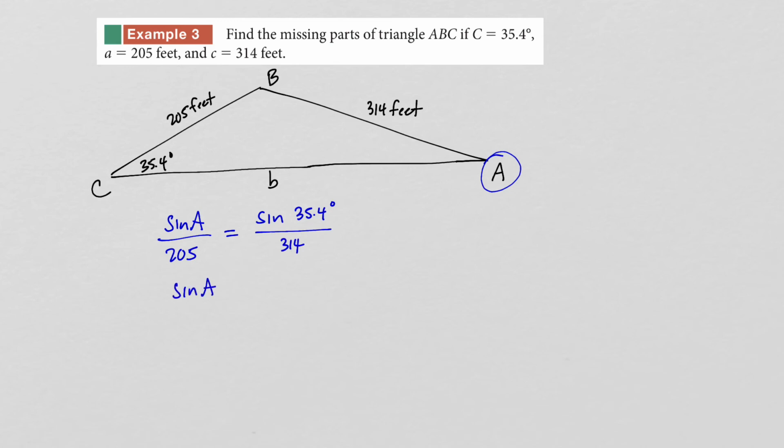Then we can multiply both sides by 205 to get sine of A equals 205 sine of 35.4 degrees, divided by 314. And finally, A will be the inverse sine of this value here.